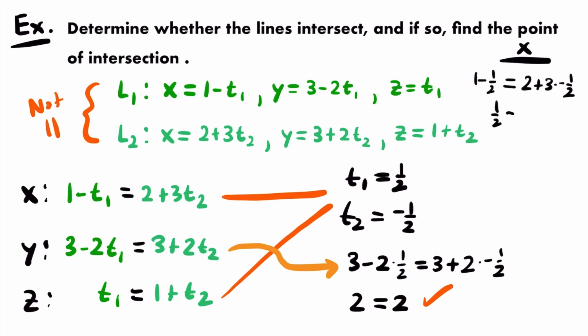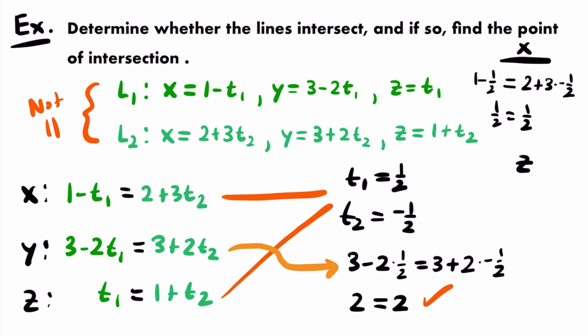So we have 1/2 is equal to 2 plus 3 times negative 1/2. 3 times negative 1/2 is negative 3/2. And then if you add 2 to that, 2 is the same as 4/2. So we have 4/2 plus negative 3/2. That will give us positive 1/2. And so both sides of the equation are equal, which means that our x-coordinate is 1/2.